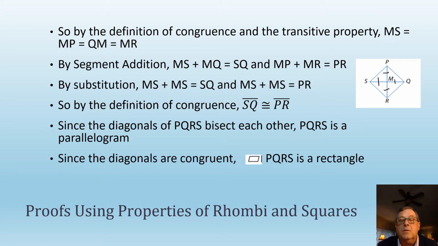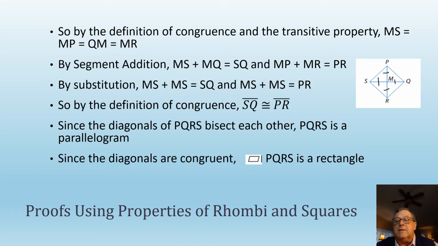Let's continue. And since the diagonals are congruent, quadrilateral PQRS, which is also a parallelogram, is also a rectangle. So we got a quadrilateral, it's a parallelogram.